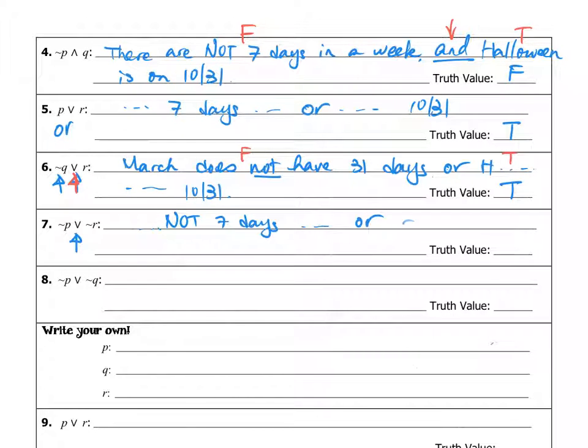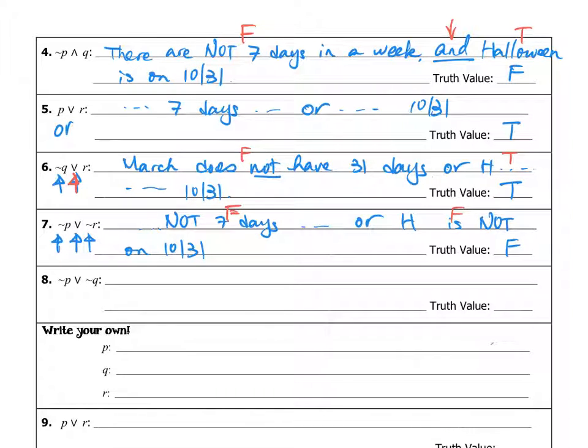So Halloween is not on October 31st. So notice that we need to negate both statements, and then we need to put an or in between. In this case, the first half of the statement is false, and the second half of the statement is false as well. So together, neither one is right, so we have a false statement.